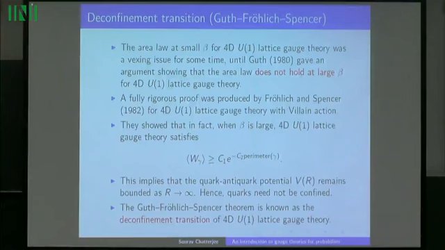As for the proofs, the small beta area law, as I said, you can prove without much difficulty. The original proof uses representation theory, but I have a simple proof of that. But this one I don't have a simple proof.